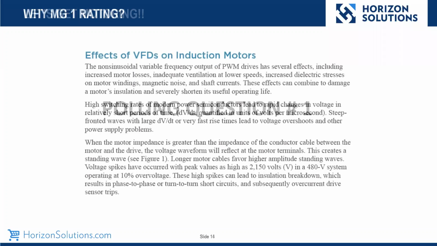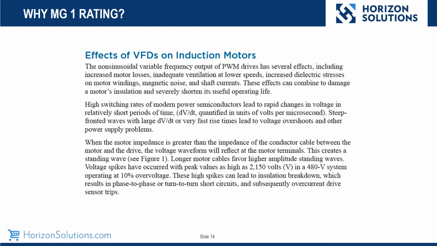Well, thank you, Kevin. Thank you, Lauren. Let's get into why the MG rating evolved. In about 1987, after the first IGBT technology was released, NEMA decided to do an MG1 rating. Some of the reasons for that: these drives have non-sinusoidal waveforms.